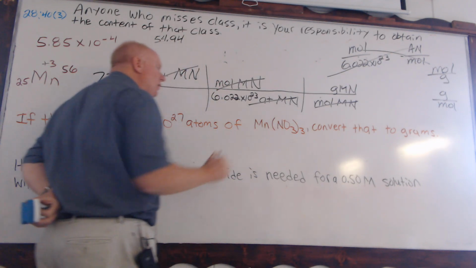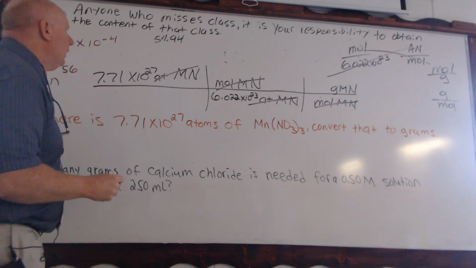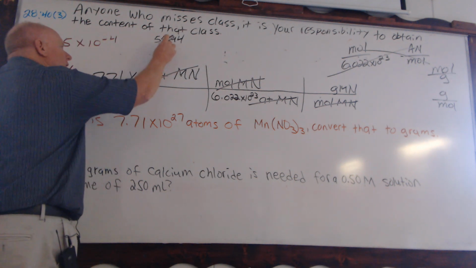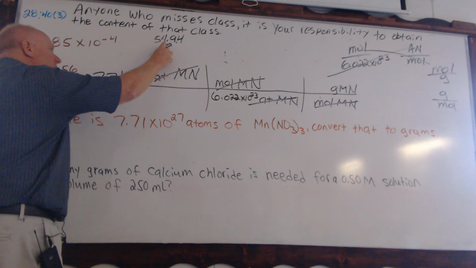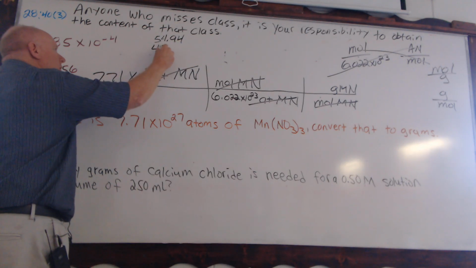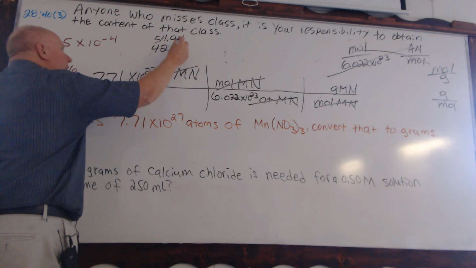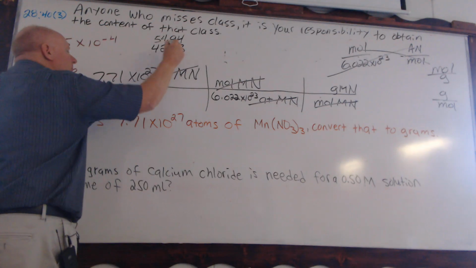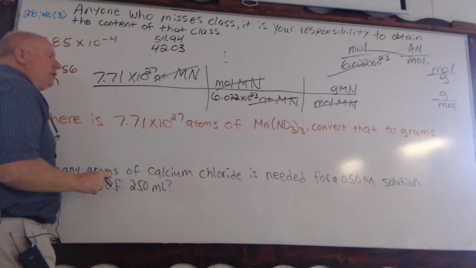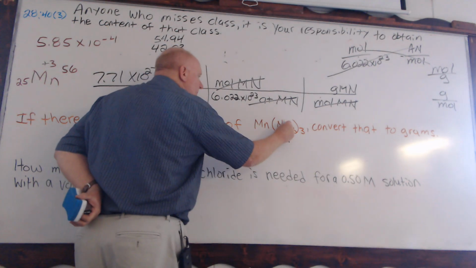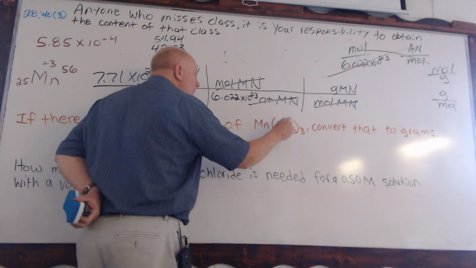And how many nitrogens are there? Okay? So 14 and 14 is 28. So 42.03. Is that right? Okay? So one oxygen atom has a mass of 16.